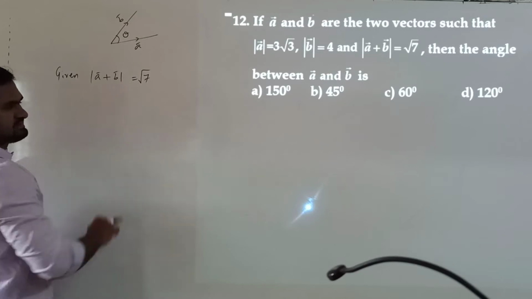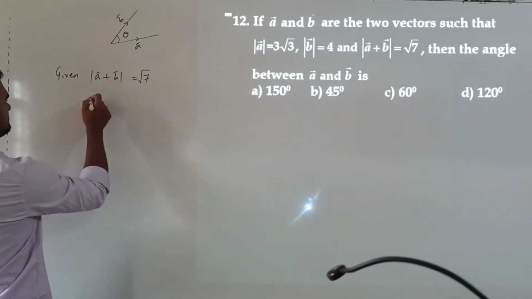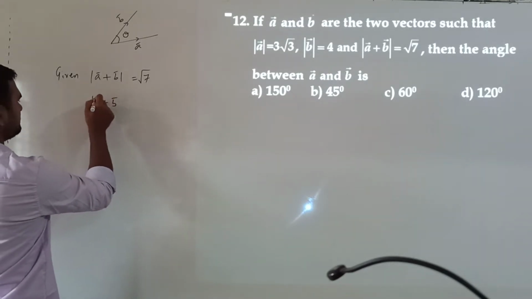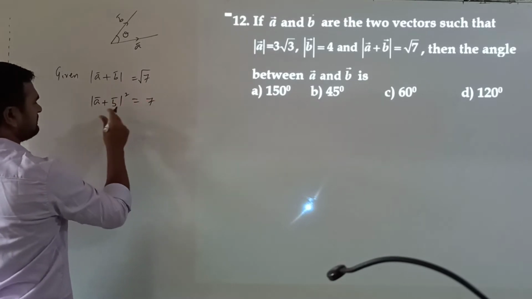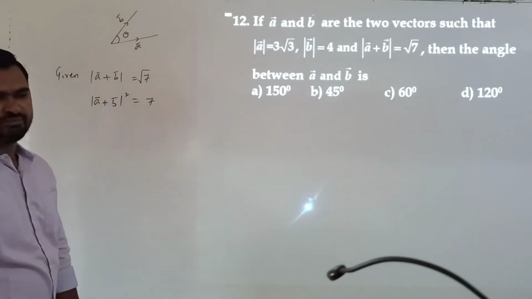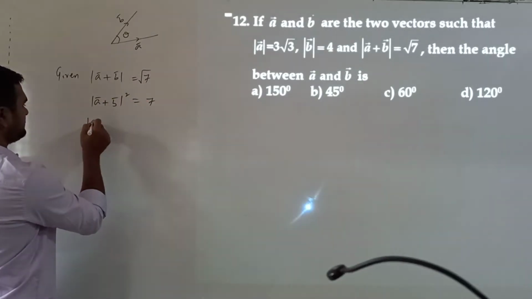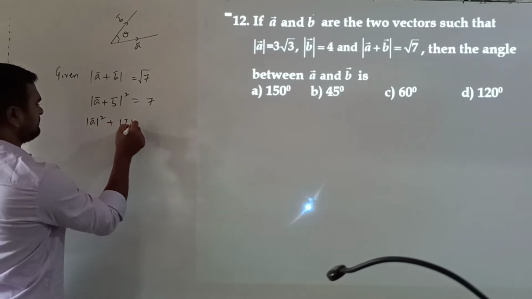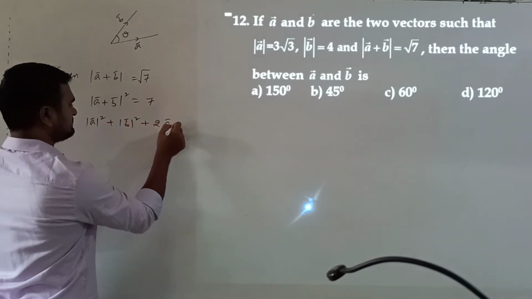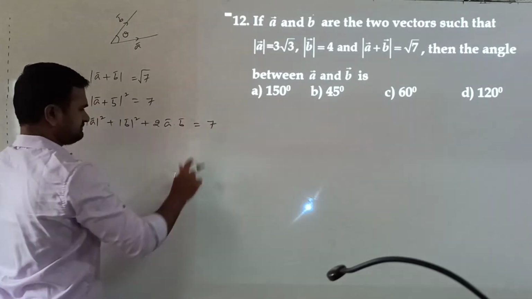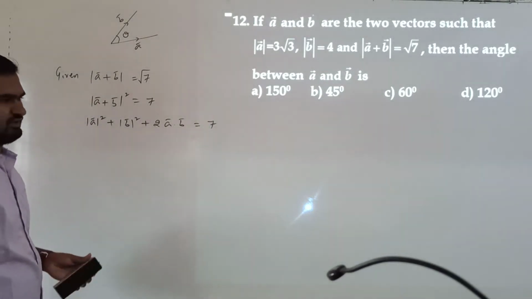Now we have to solve this. Let us square on both sides. So the magnitude of a plus b whole square is 7. Now what is the magnitude of a plus b whole square? You know, it is magnitude of a square plus magnitude of b square plus 2 times a bar dot b bar. Okay, so expansion we know.